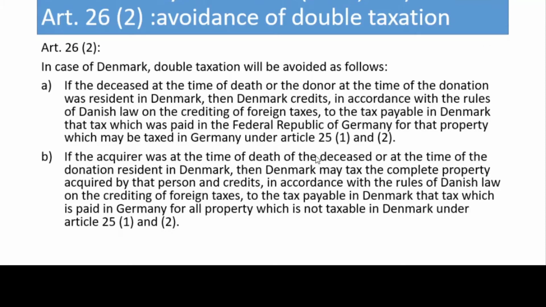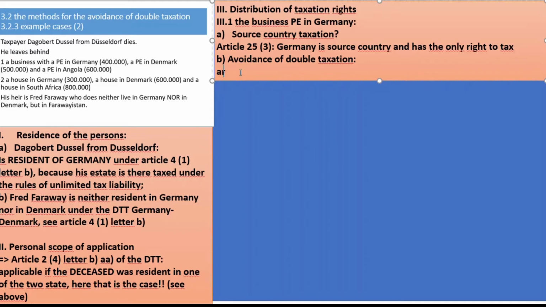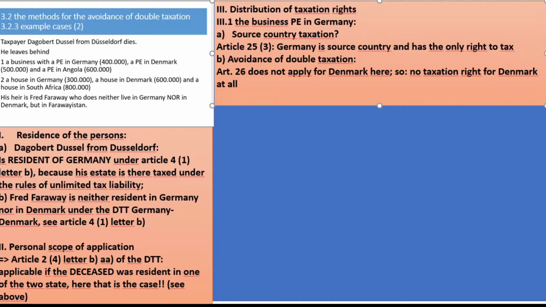But there is also no potential claim for Denmark to claim any tax on the business in Germany under 25.3. So Denmark is completely out here. Article 26 does not apply for Denmark here. So no taxation right for Denmark at all, which does not surprise because there is no unlimited tax liability in our case here in Denmark at all.